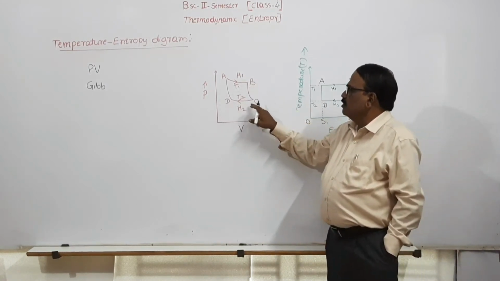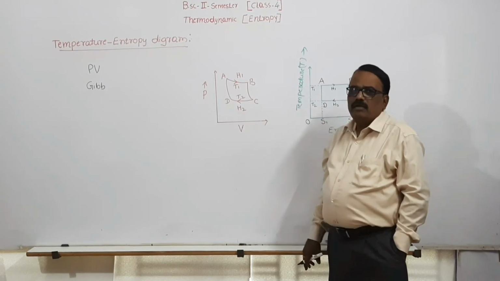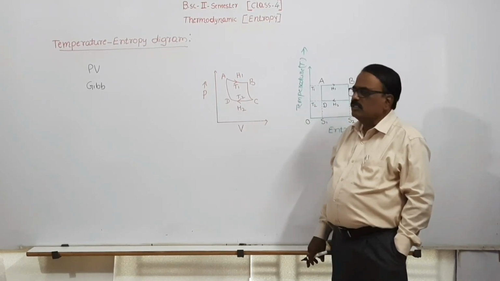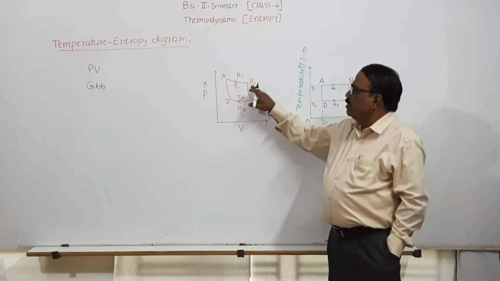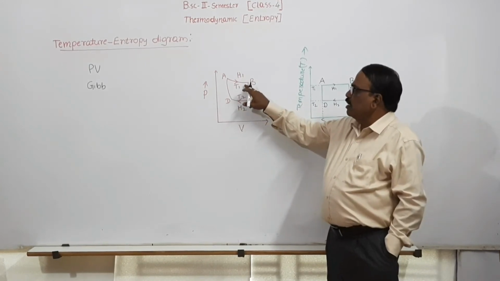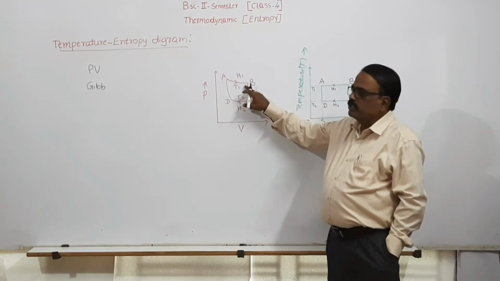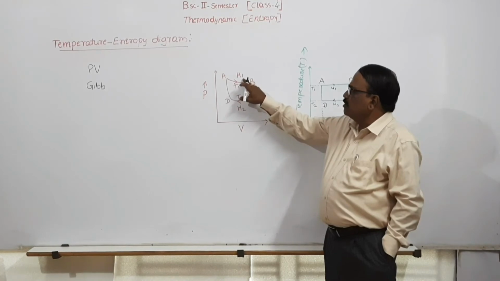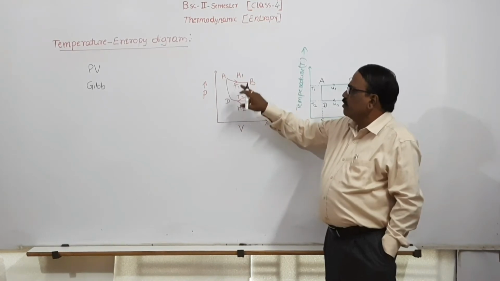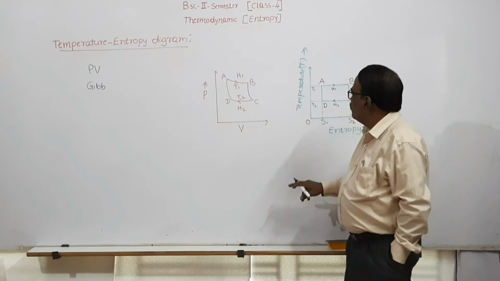ABCDA is the Carnot reversible cycle. You know that from A to B it is an isothermal, which means temperature is constant, and the heat amount absorbed is H1 at temperature T1.